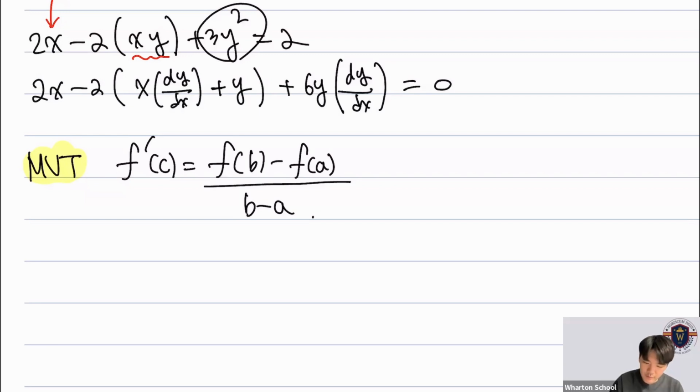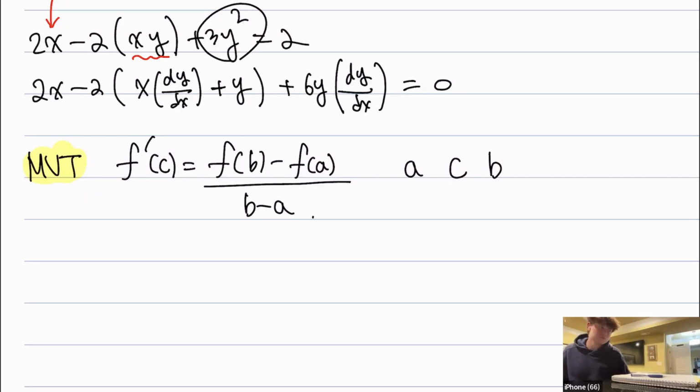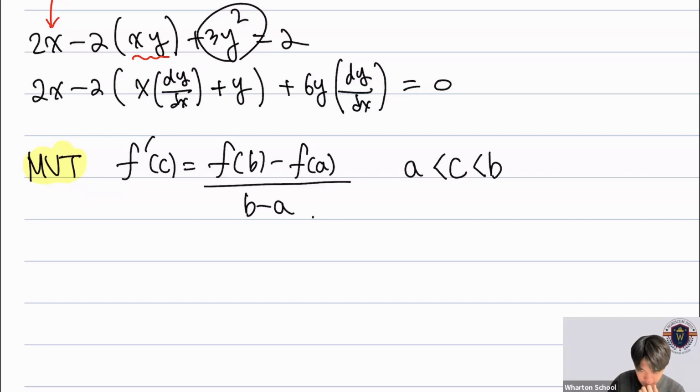Okay. Do you remember the condition of a and b there? What are the relations? C is in the middle. Yeah, c has to be greater than a and then less than b.